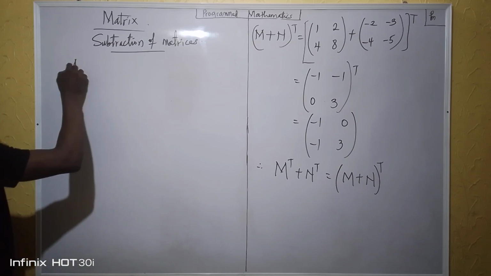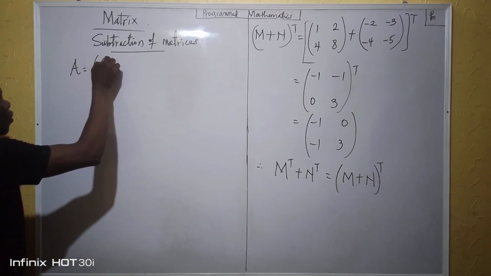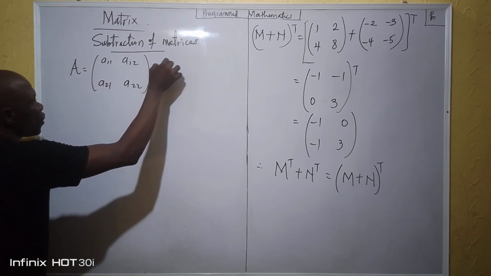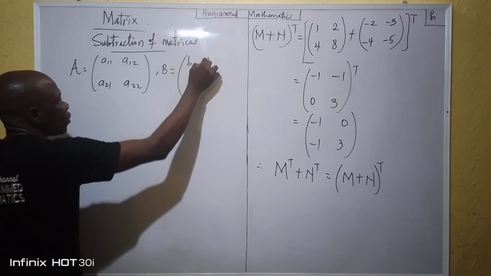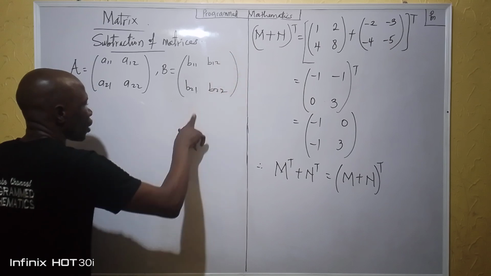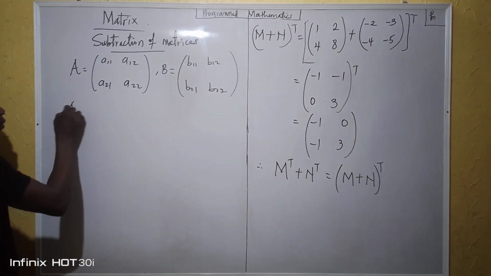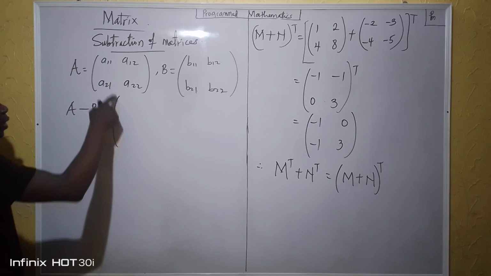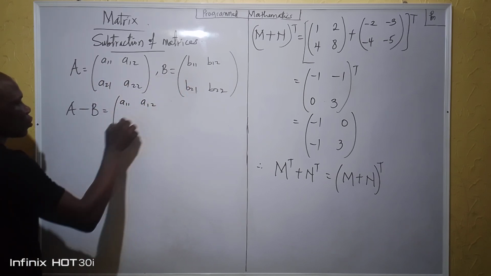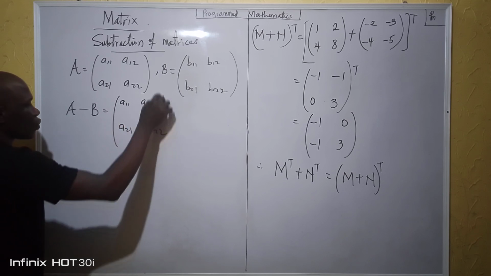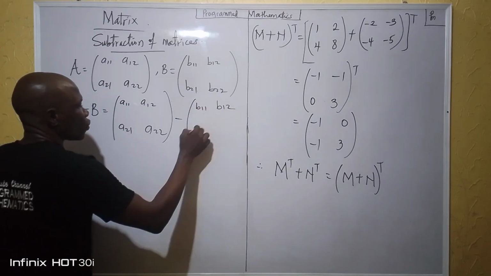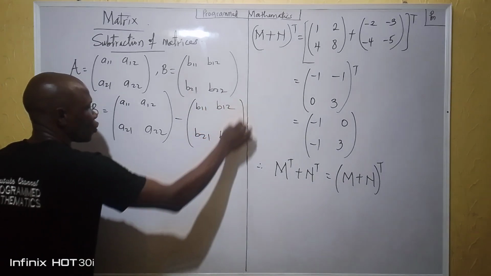So in this case, if I have matrix A given as A11, A12, A21, A22, and matrix B also having B11, B12, B21, B22, then matrix A minus B will simply mean arranging them according to their positions: A11, A12, A21, A22, minus B11, B12, B21, B22.